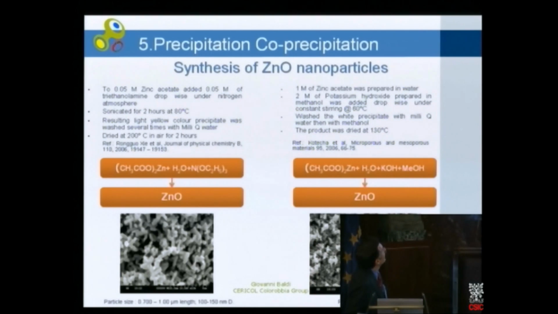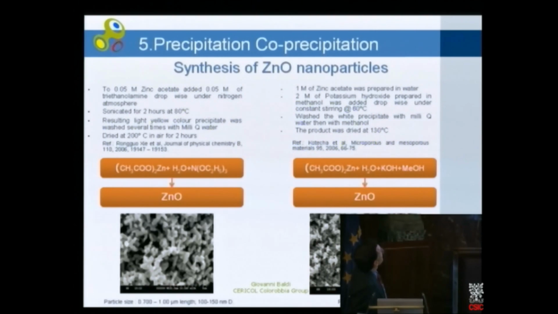In this case, we use a zinc precursor, an acetate, added to a base, triethanolamine, and water.